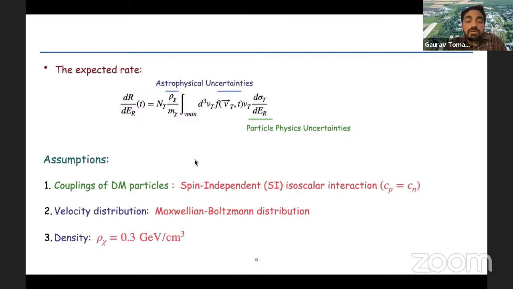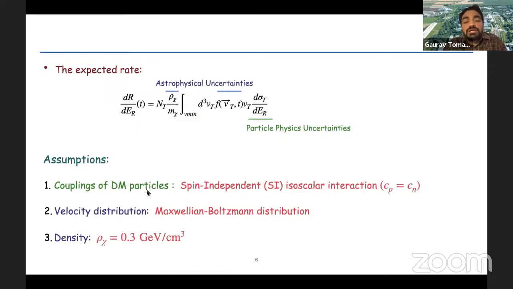For example, we assume that the dark matter couples to the standard model particles through a spin independent isoscalar interaction. This is usually taken by most of the experimental collaborations, and they took the coupling of dark matter to proton and neutron to be equal. Second is the velocity distribution.